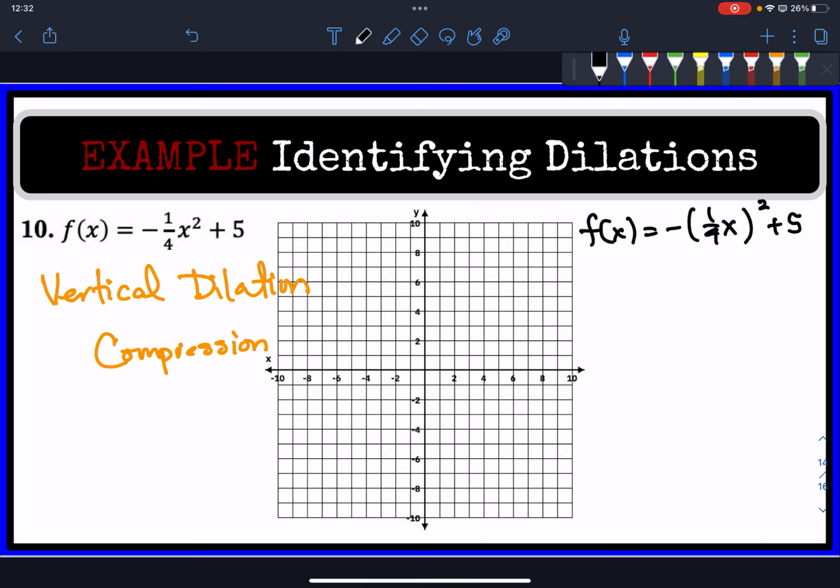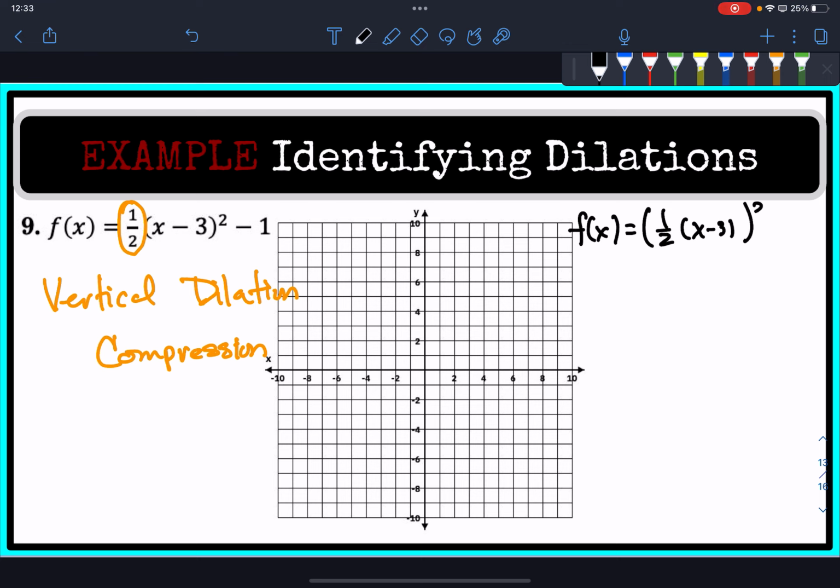So for this example, let's go back to this one right here. If f of x was equal to 1/2 inside x minus 3 squared minus 1. So if the 1/2 was on the inside with the x minus 3, the 1/2 is now a horizontal dilation. So this 1/2 is going to result in a horizontal dilation.